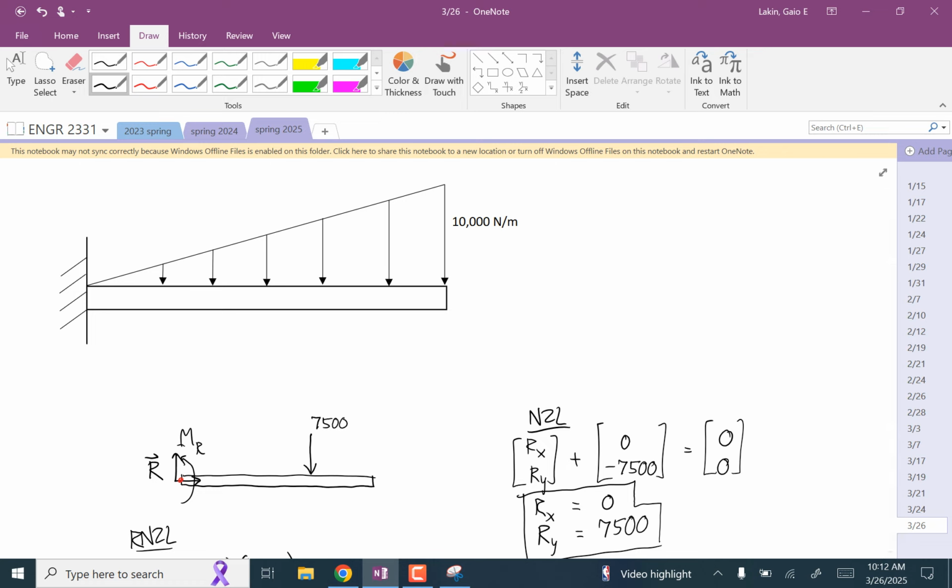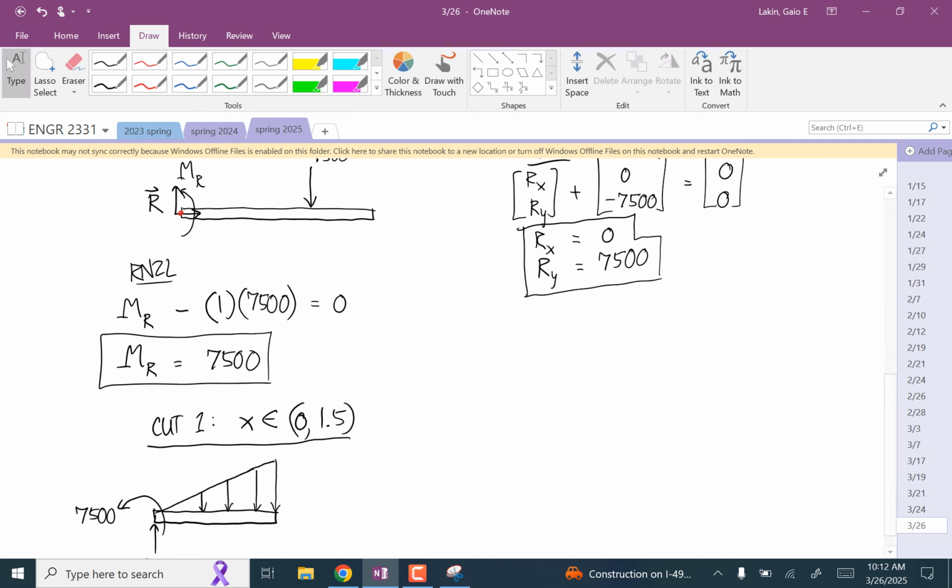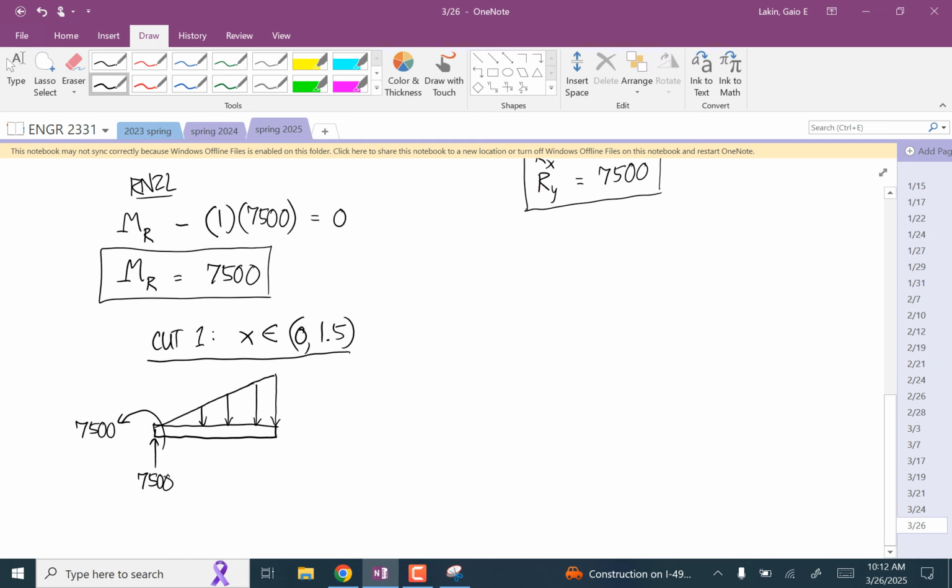So that's 15,000? No, it's the opposite of that. So 10 divided by 1.5 is 6.6 repeating. So this is 6,666.6 repeating. Nice math.